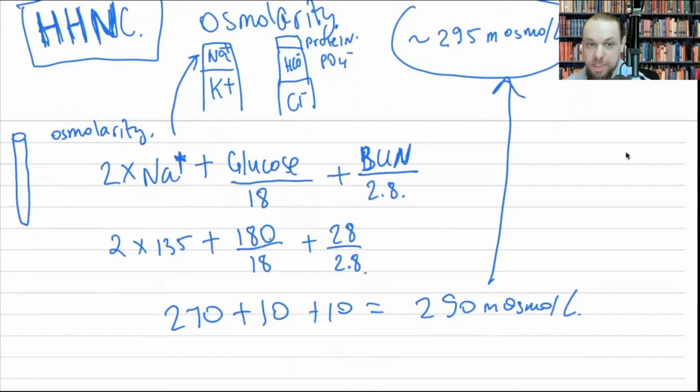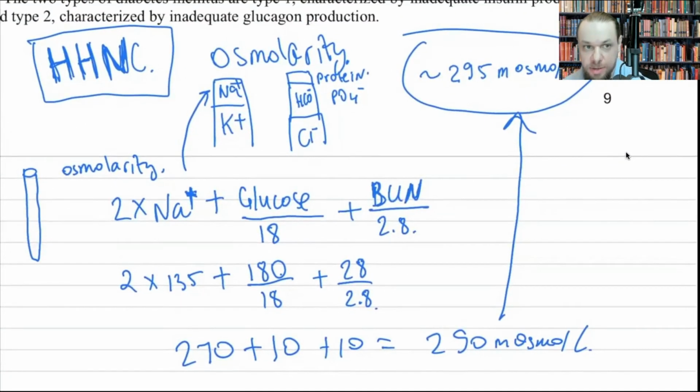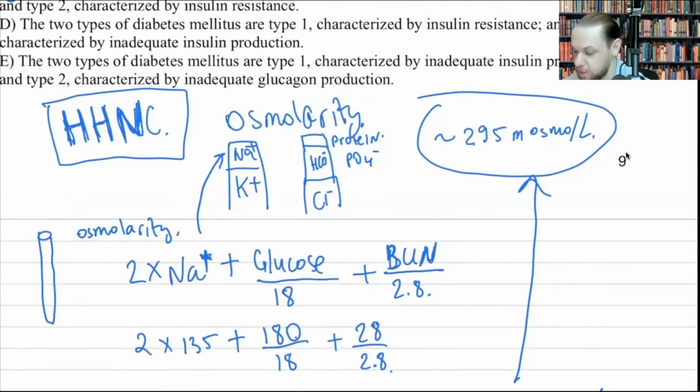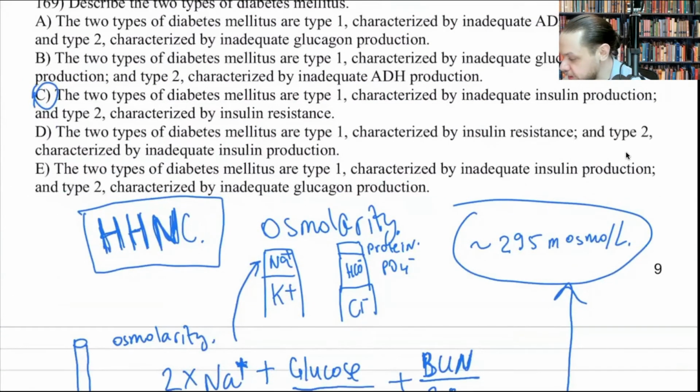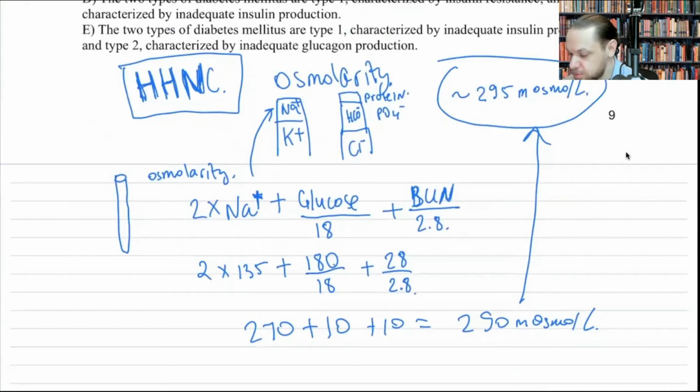Now look, in the setting of a diabetic who doesn't have insulin, or has insulin resistance as in type 2, this is what we see. In type 2, we see insulin resistance. So what happens is their body starts to break down glycogen stores and release them as glucose, because it thinks it doesn't have sugar due to lack of insulin.